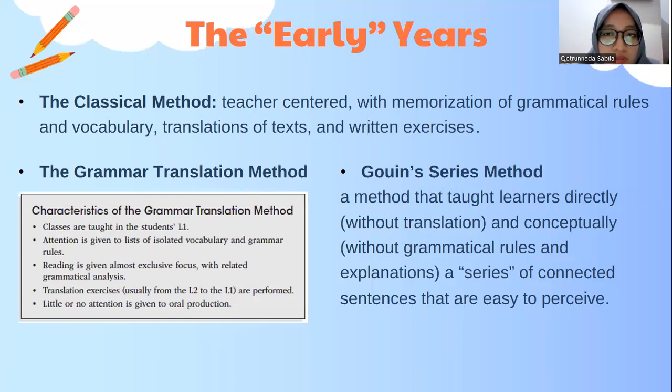First, let's talk about the early years. For centuries, there were few, if any, theoretical foundations of language learning upon which to base teaching methodology. The first is the classical method. This is teacher-centered, with memorization of grammatical rules and vocabulary, translation of text, and written exercises. The classical method was adopted as the chief means for teaching foreign languages.